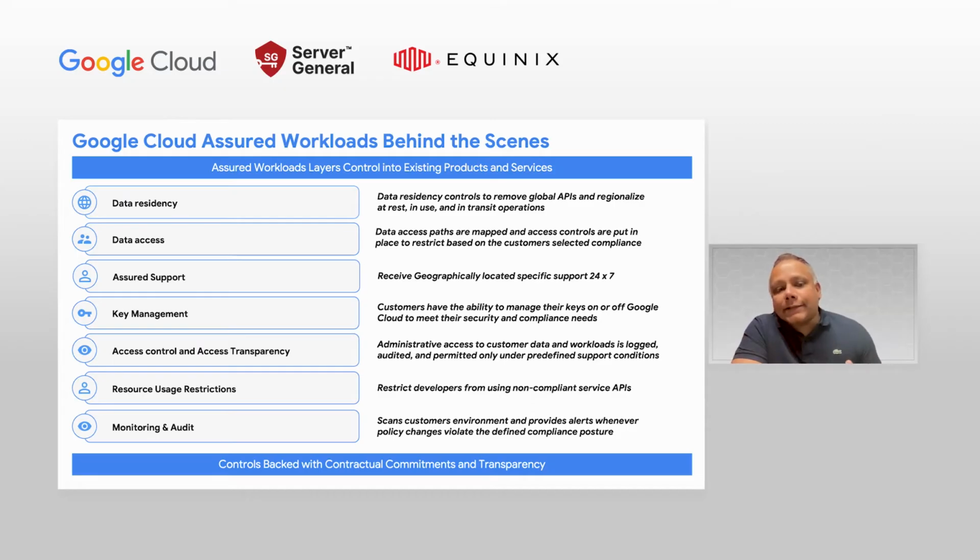Similarly, who has access to the data, so setting up the right set of IAM policies. From a support perspective, making sure that only authorized personnel are able to support: when a customer files a support case, it gets routed to appropriately accredited personnel, right?